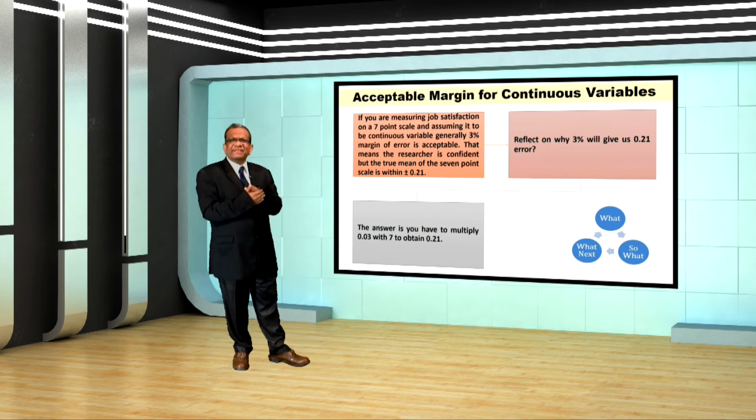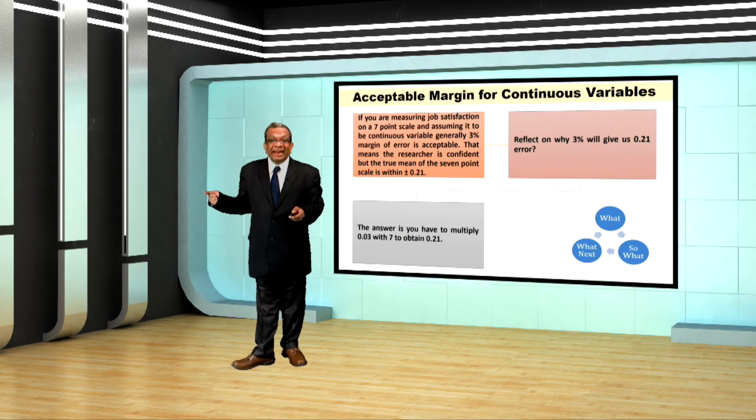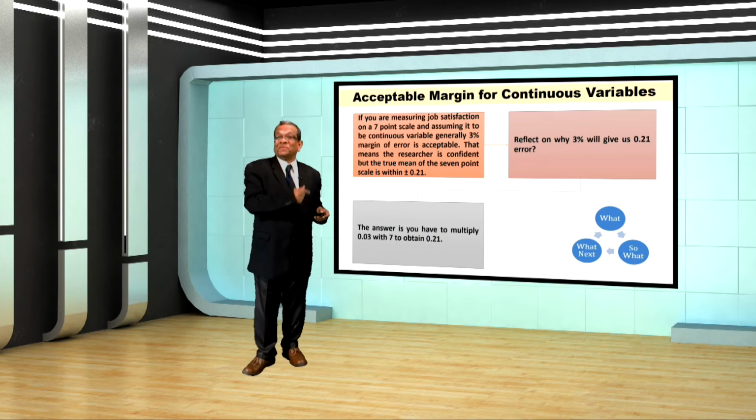You may be wondering, how has this 3% margin of error been converted into 0.21? The answer is you have to multiply 0.03 with the 7-point scale to obtain 0.21. So this you reflect. Therefore, with a 7-point scale, you are likely to make a 0.03 error and you are likely to have an error level of 0.21 in your measurement of job satisfaction.